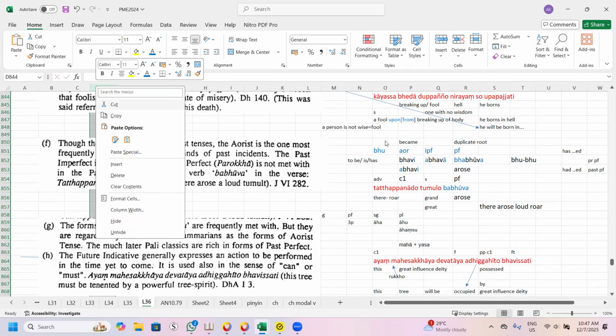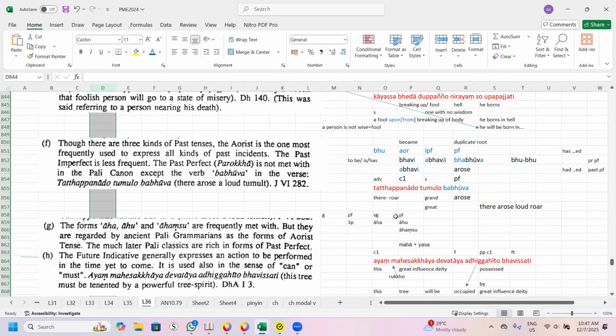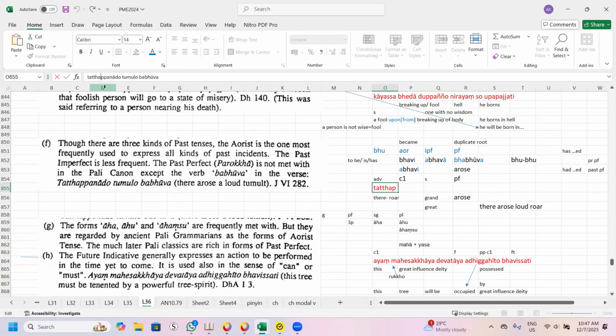A compound has to be a double P. Can you see now? This is an adverb, and this is the subject.